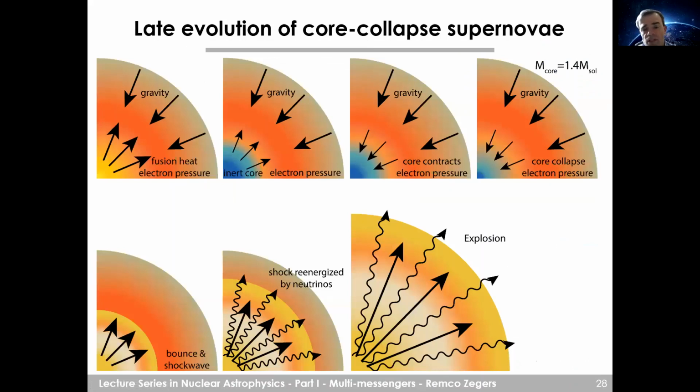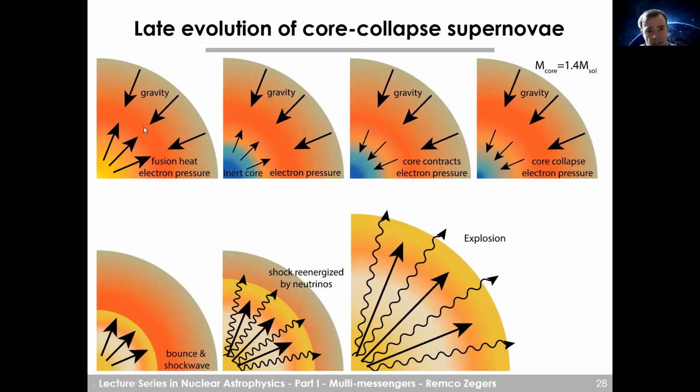So, some of these heavy stars can evolve into what we call core collapse supernovae. And so this is just a little diagram of that. So on the top left right here, this is the situation where the stars produce fusion heat, and there's an electron pressure, so there are free electrons in here, that keep the star from collapsing onto itself.